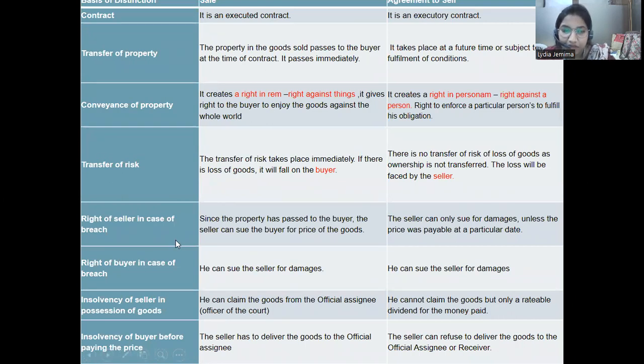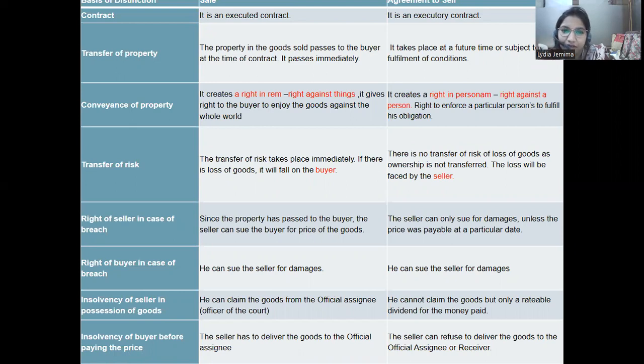So we'll see the differences between sale and agreement to sell. A sale is an executed contract. An agreement to sell is an executory contract. Transfer of property: the property in goods sold passes to the buyer at the time of contract, immediately. In an agreement to sell, only after fulfilling certain conditions does the transfer of ownership happen.